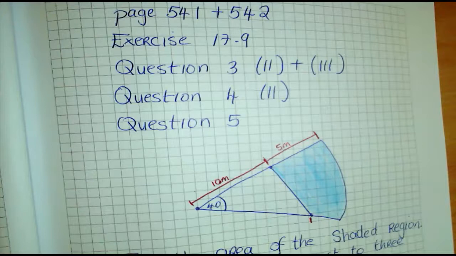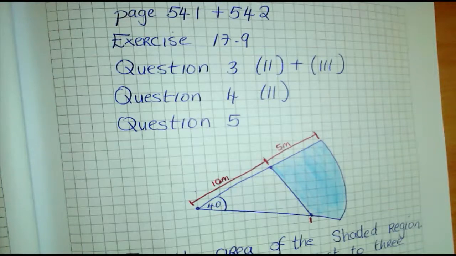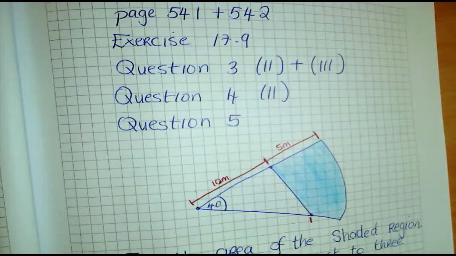I did part 1 in the example. So part 2 and 3, it's the same as part 1. And question 4, part 2, so again I did part 1 as an example, so it's the same as that. And then I want you to have a go at question 5. So question 3, part 2 and 3, question 4, part 2, and question 5. Okay?